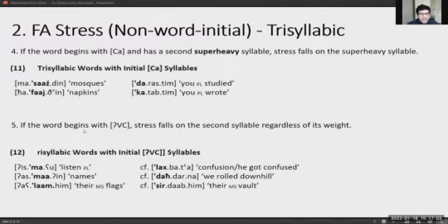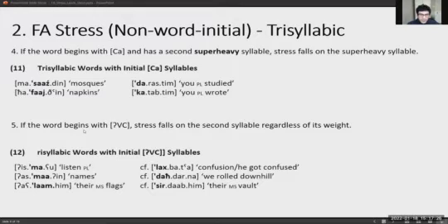Okay. The fourth case is when the word begins with a CV syllable that has any consonant, of course excluding the glottal stop onsets in this case, followed by the low vowel and has a second super heavy syllable. In this case, the stress falls on the super heavy syllable.